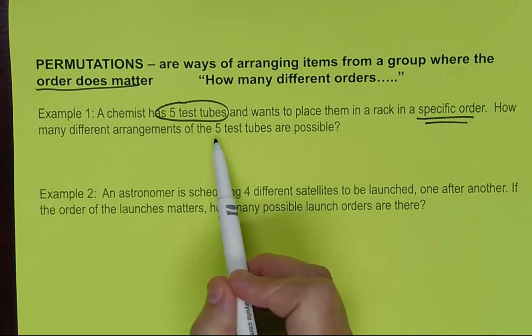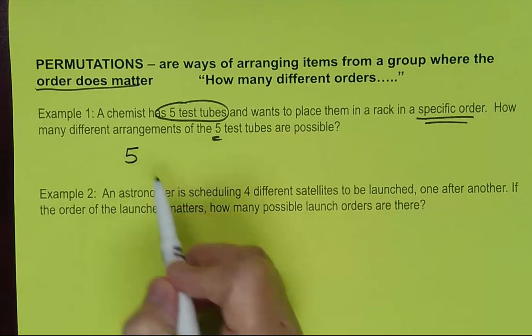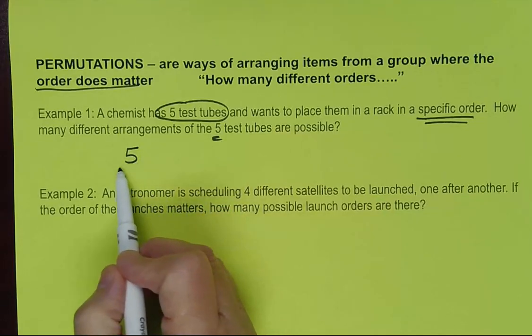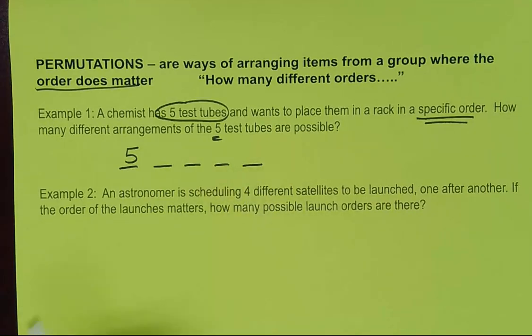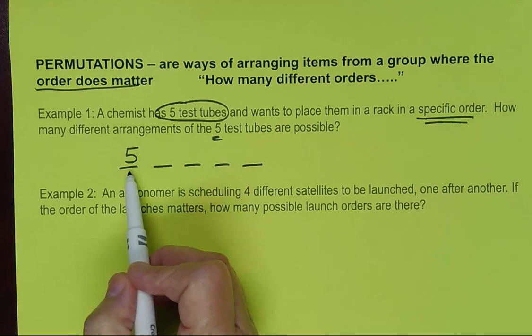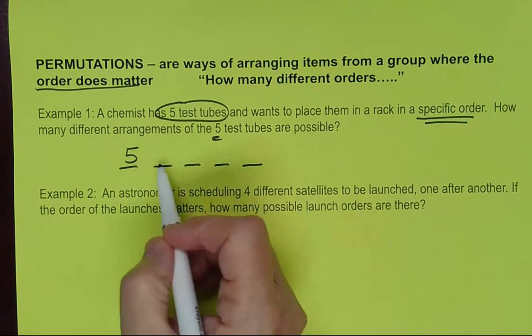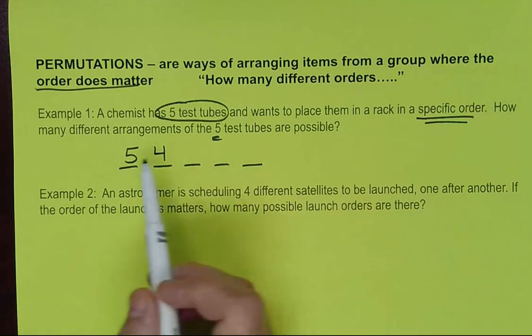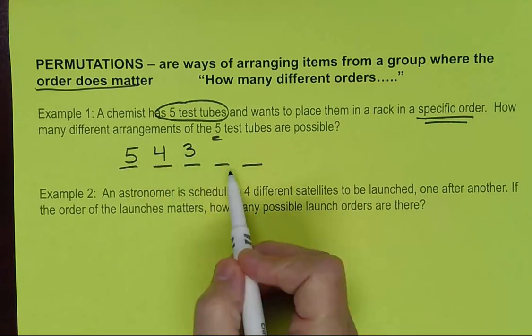So of all 5 test tubes, what you have to do is just take 5 test tubes, because I've got 5 slots in my test tube holder. My first slot, I can put any of the 5. But once I've used one of them, in my second spot, I only have 4. And once I've used these 2, in my third spot, I only have 3. My next one, I only have 2.